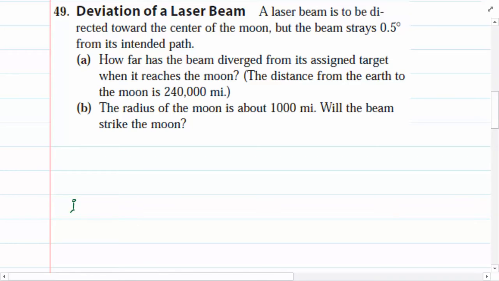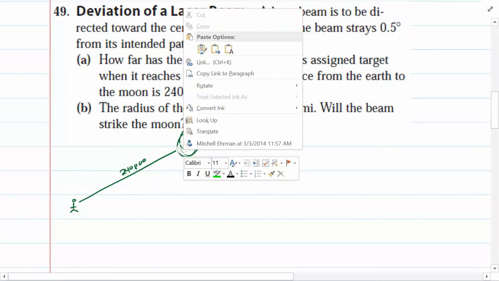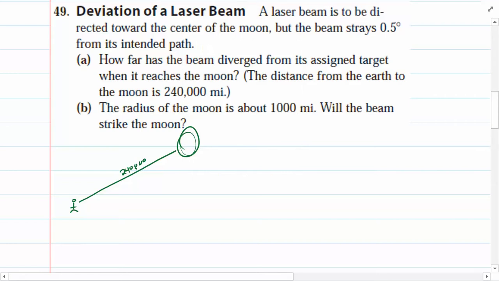This is me standing on Earth with my laser beam, and I'm shooting it off towards the moon, which is 240,000 miles away. I'm going to exaggerate this drawing just a little bit. Again, here's our moon. Instead of shooting directly towards the center of the moon, we were off by half of a degree.